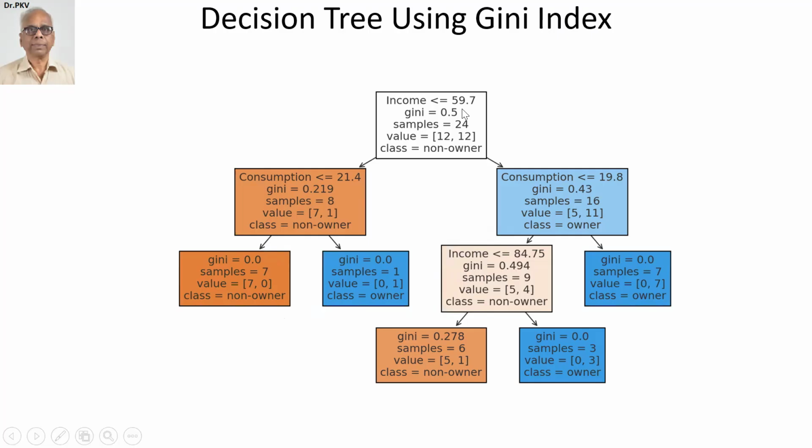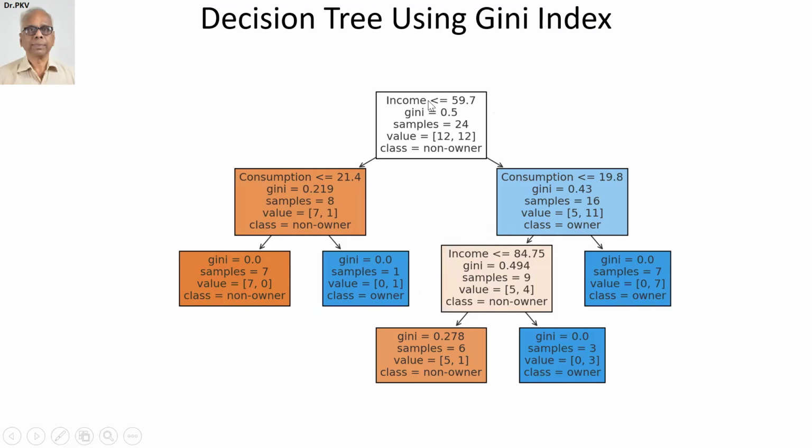That means income is less than or equal to 59.7 and consumption is less than or equal to 21.4. This is the outcome. Suppose income is less than or equal to 59.7 and consumption is not, in other words, is greater than 21.4. This is the outcome. Now let's look at the right-hand side.